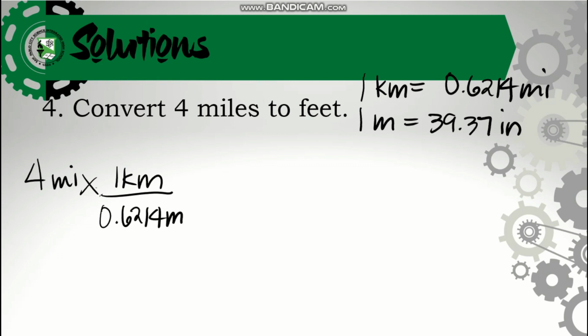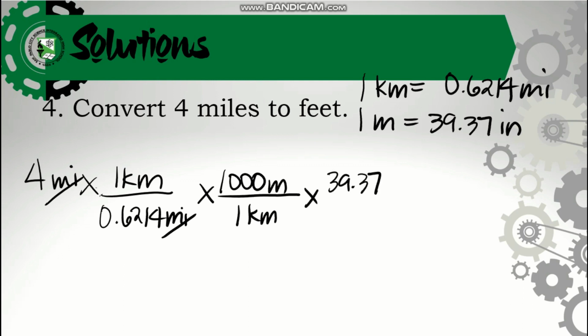4 miles multiplied by 1 kilometer over 0.6214 miles, and then cancel the miles. Only kilometers will remain, and then we need to cancel kilometers, so we must multiply by 1,000 meter over 1 kilometer and multiply it by 39.37 inches over 1 meter.